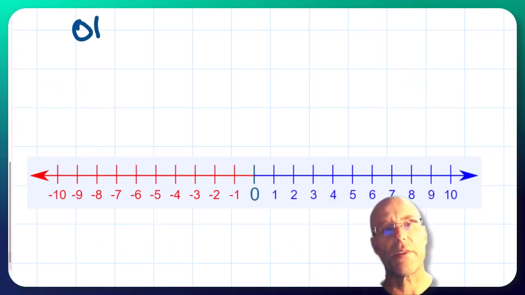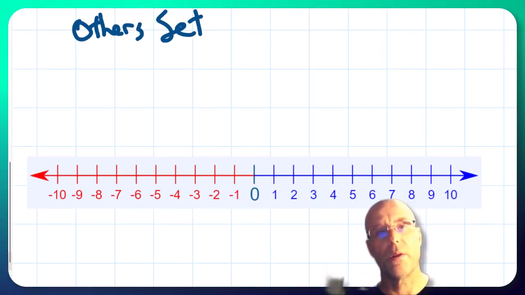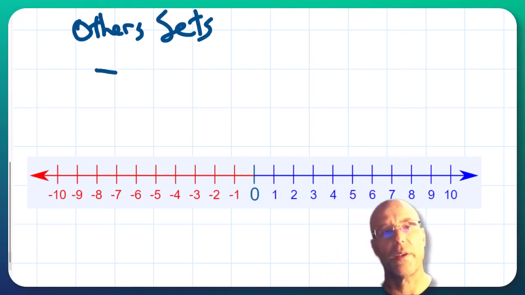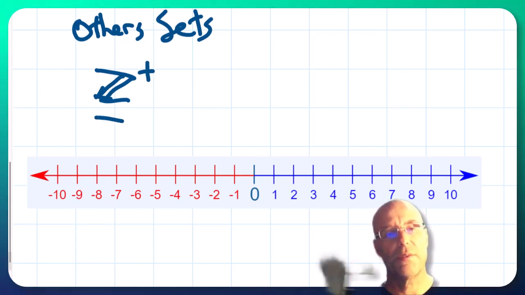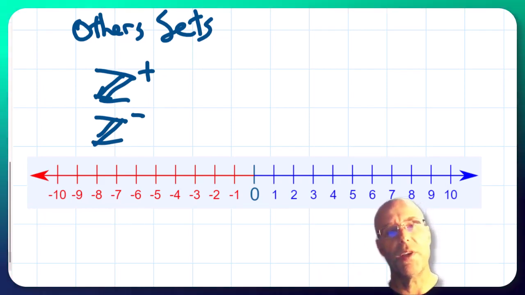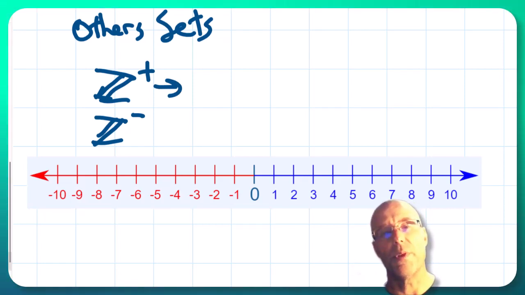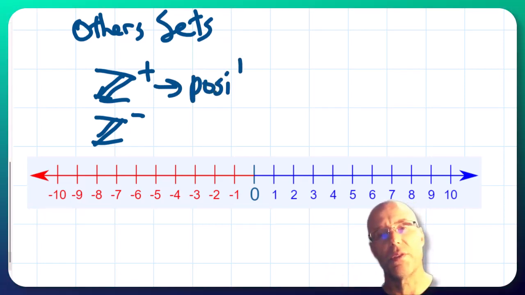If we look at other sets of interest here, they may include things like Z plus and Z minus with superscripts on them. So Z plus, the plus refers to positive, so that would be positive integers.